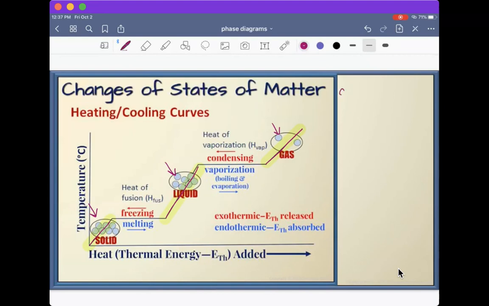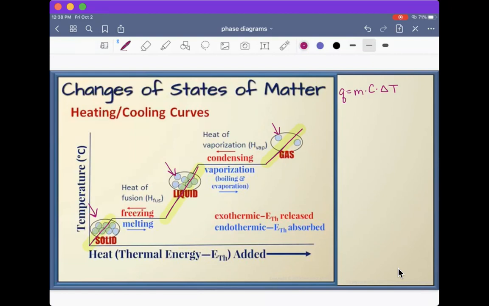We can calculate the heat being produced or inserted by an equation called the MCAT equation. This is the mass times its specific heat times its change in temperature. Now, I'm not going to make you calculate that right now. Eventually, we will be able to. But if you were looking for the amount of energy in those particular areas of the graph, that is the equation that we would use.